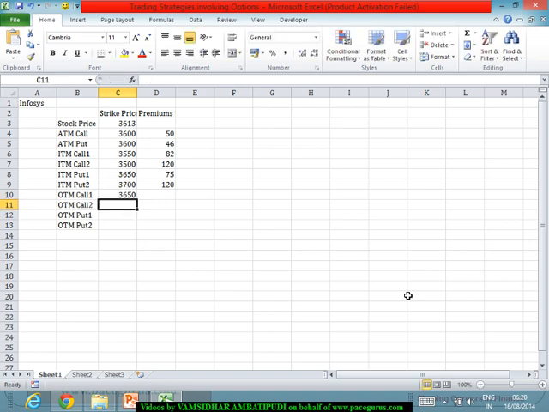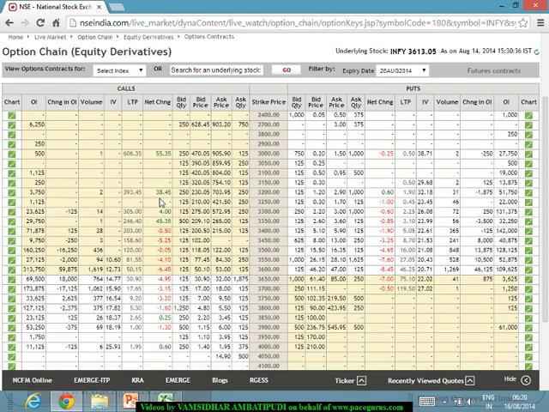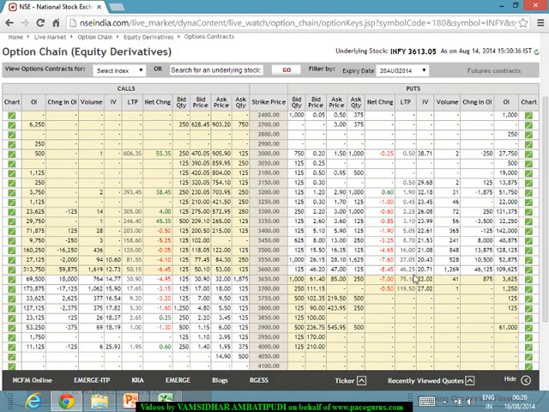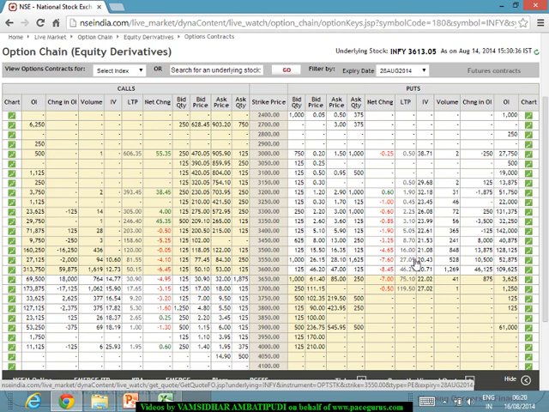For calls, as the strike price increases, it becomes out of the money, so I'll take 3,650 and 3,700. Whereas in the case of puts, I take 3,550 and 3,500. Let me note down the premiums. For 3,650 and 3,700, the call is 31 and 18. Whereas for puts, 3,550 and 3,500, it is 27 and 16. Correct?